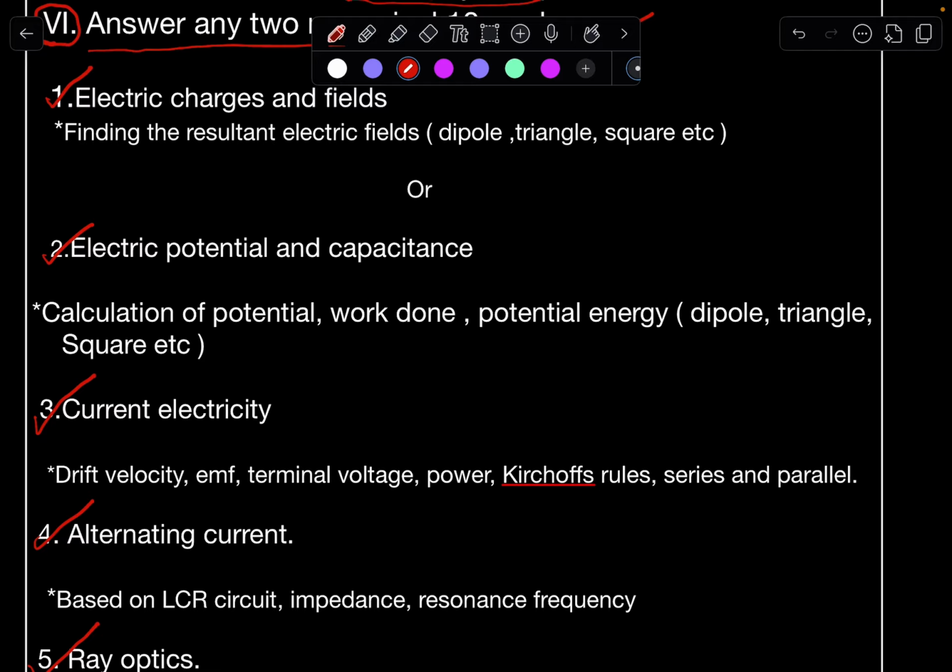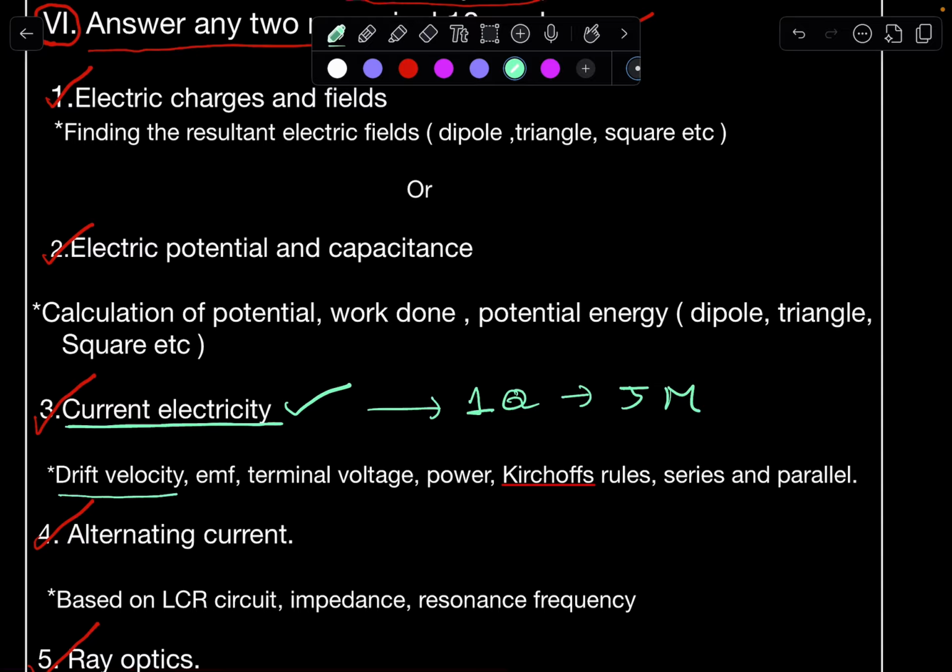I will tell you the trick to get 10 out of 10. For that you can practice only the numericals in particular chapters. The first chapter is current electricity. Definitely they will ask one question, so you will get 5 marks easily because the concepts are very few. How will they ask numericals?